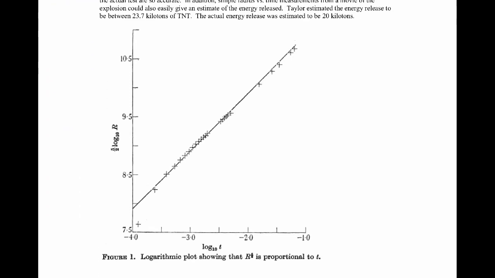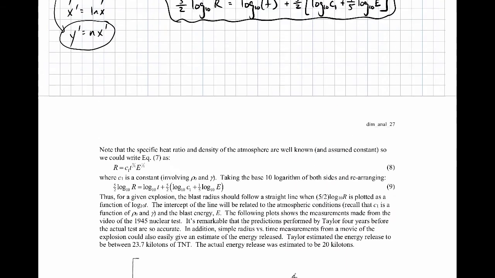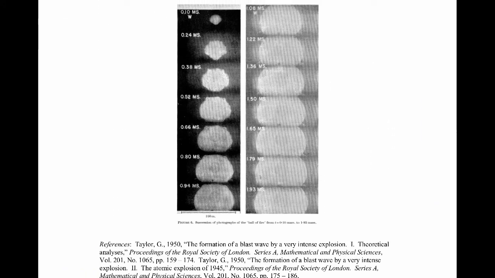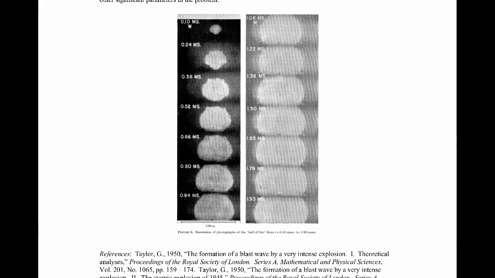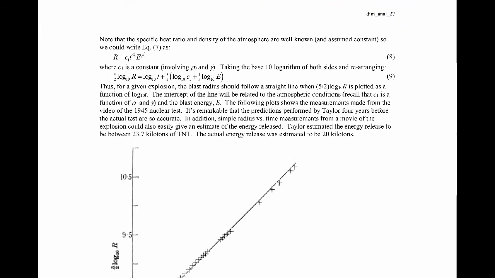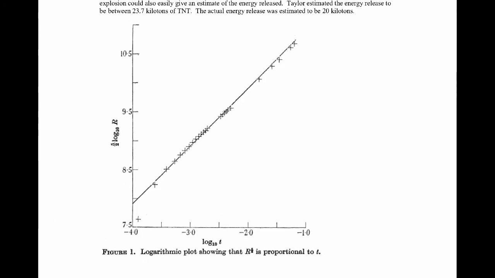So that's the intercept right here. The X, or the cross marks here, come from this set of pictures up here where he was just measuring the radius. Let me put that in a different color so you can see it better. Just measuring this radius as a function of time. Right? So he actually took those photographs and made that measurement and ended up with this kind of a plot.